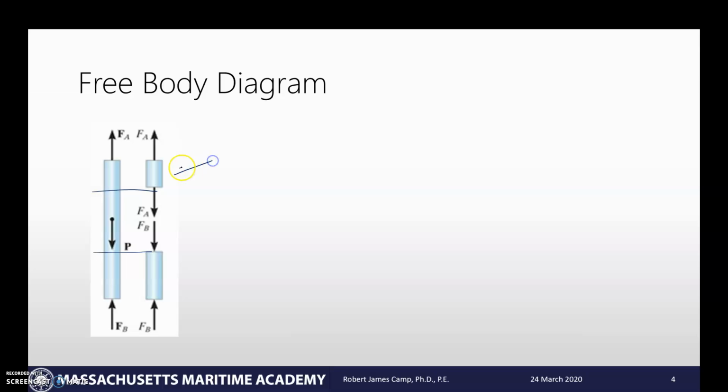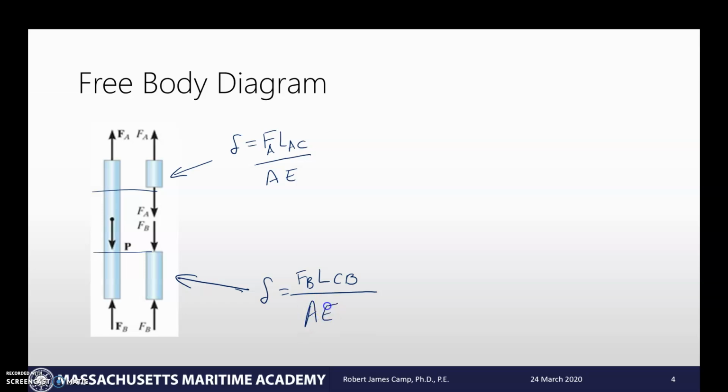If I look at this upper section, all that's in there is the force in A. The deformation on that one is going to be the force in A times the length of AC, divided by AE, where A is the area. For this lower section, I have the internal force there, and the deflection is going to be the force in B times the length of BC, because that's over which it acts, divided by AE.